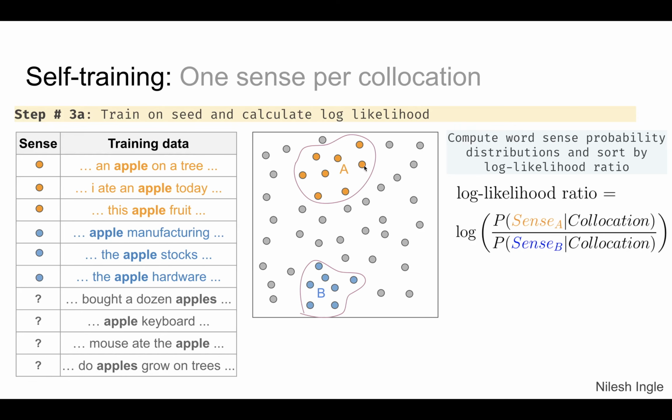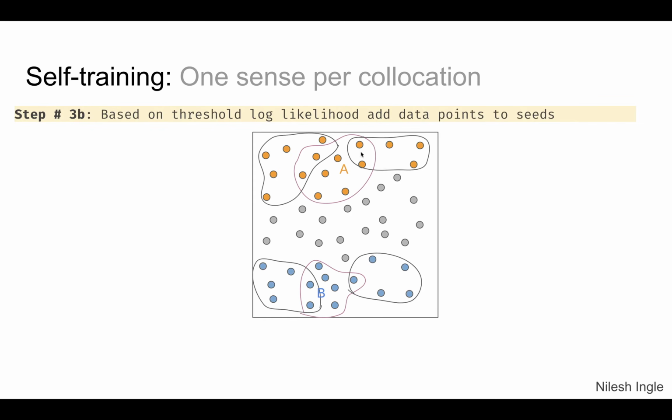Based on that, we can assign the neighboring data points to the classes. So we sample from here and we find that these belong to class A, and then neighbors of these belong to class B. Those are the data points we have now found.